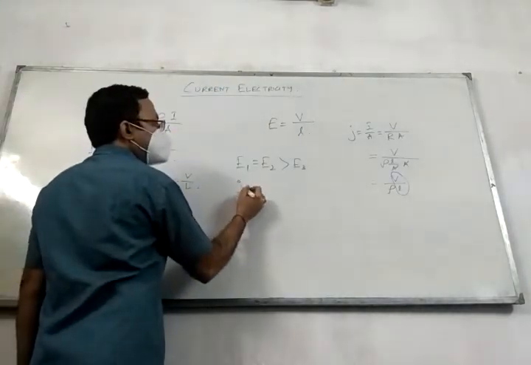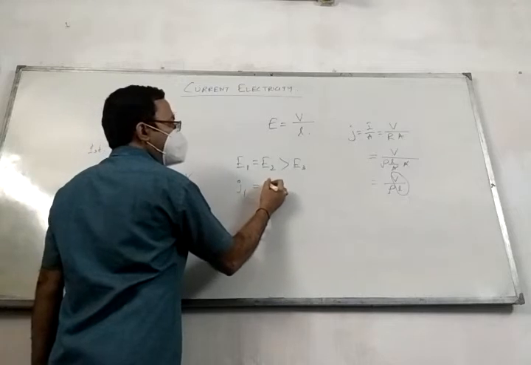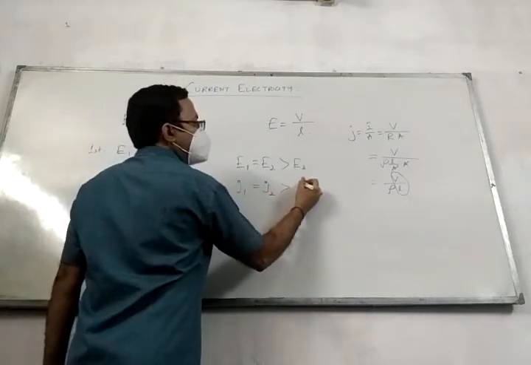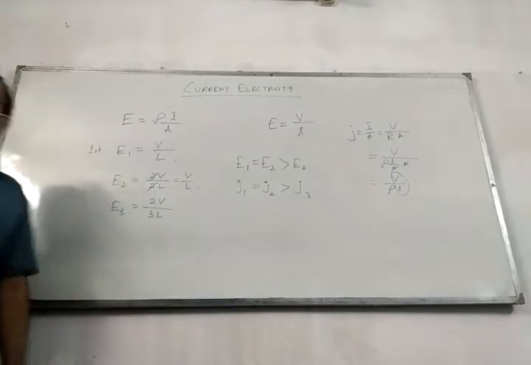That means J1 is equal to J2 is greater than J3.